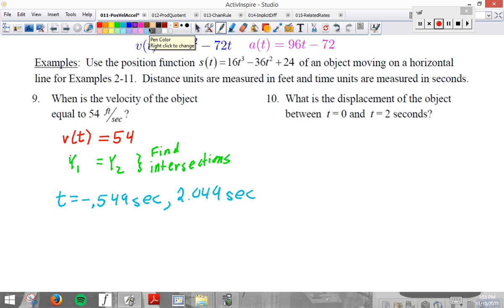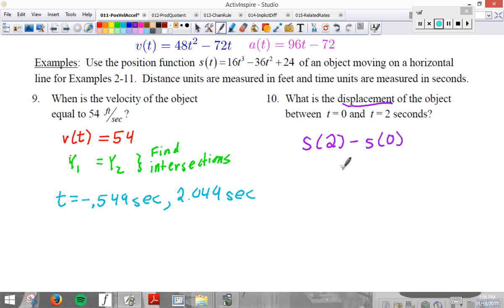Displacement. So the displacement of the object will be based purely on the time interval. Displacement needs to mean position to you. So we're going to look at S of 2, the final position, minus S of 0, the initial position.